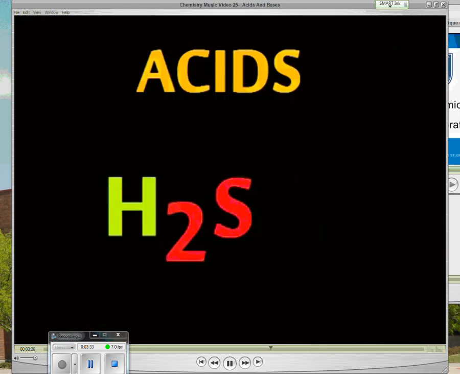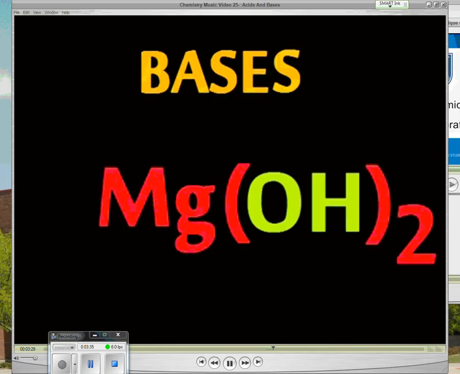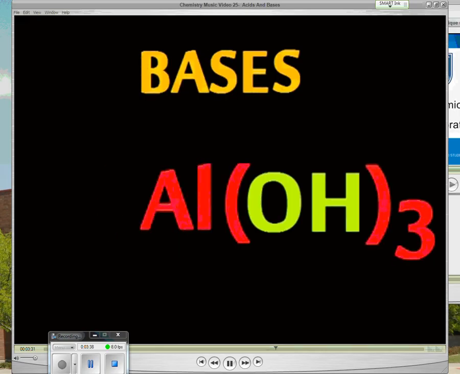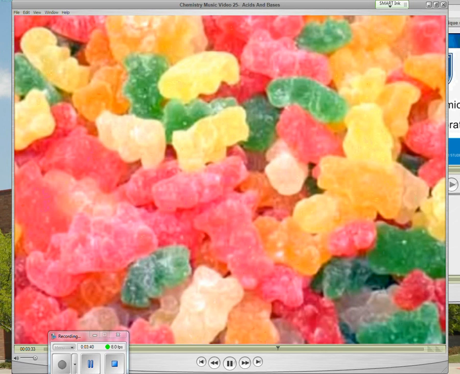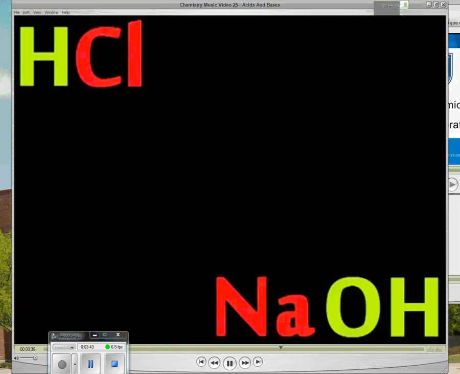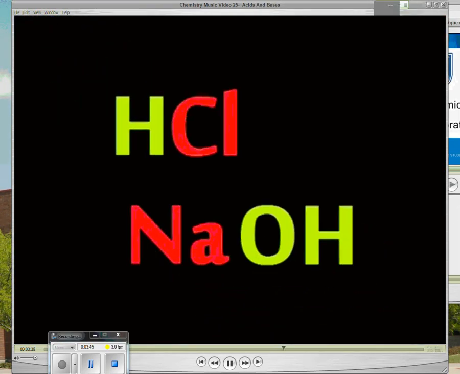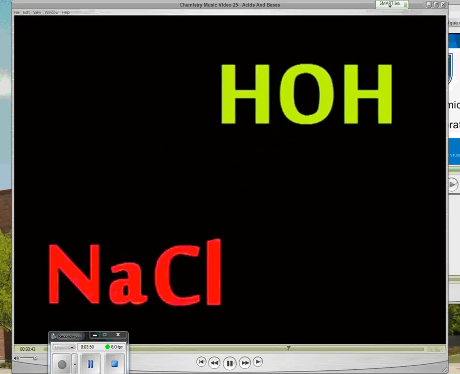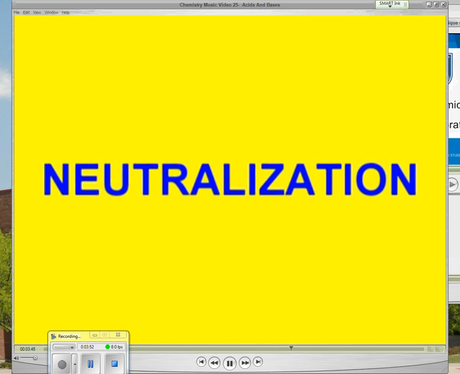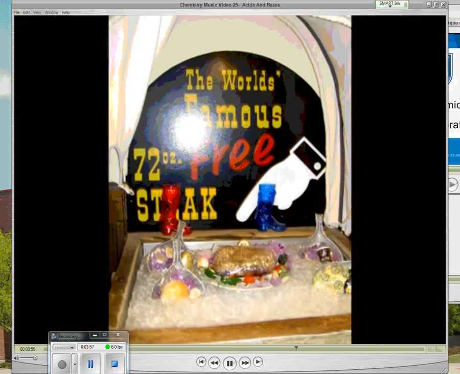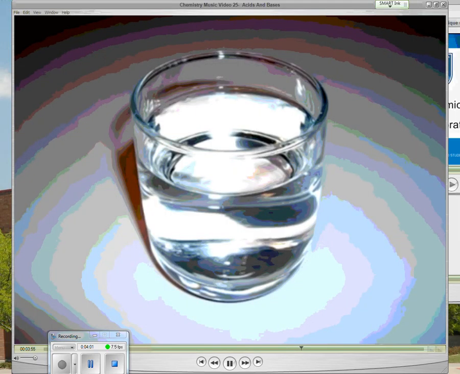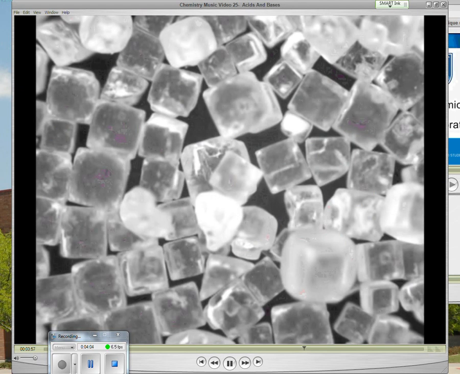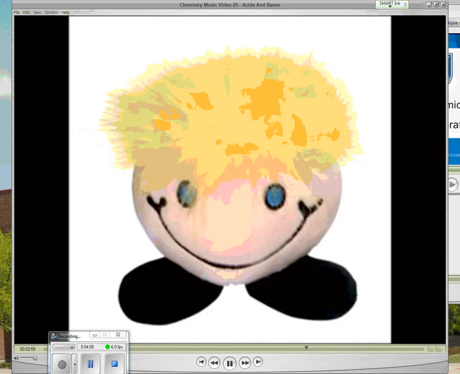Acids have a hydrogen, hydroxide for a base. Put the two together and you get some real neat stuff. It's called neutralization. I can never get enough. It makes water molecules and salt with no regrets.